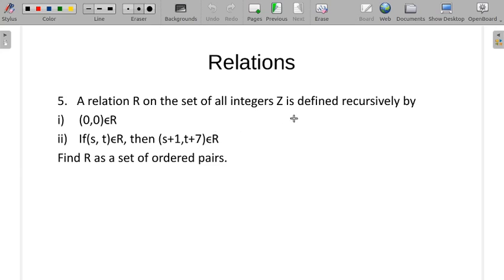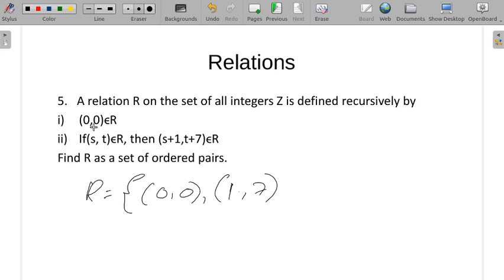So Z is infinite, so we need some mathematical form to denote it. Okay, so let's write R. The first element is (0, 0). So if (s, t) is (0, 0), then (1, 7) is also there.